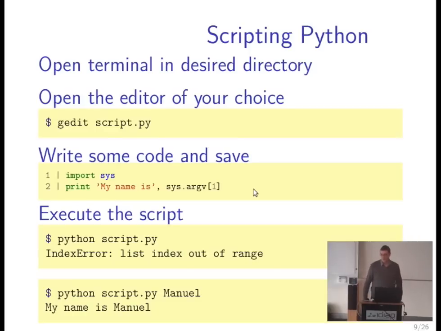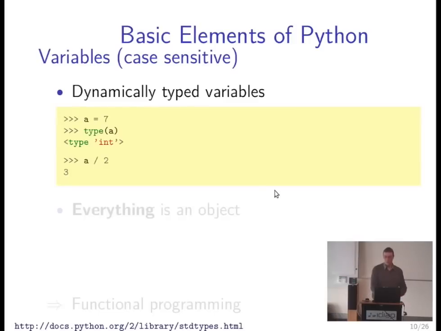Okay, so much for the introduction on how to write Python and script Python. And now I will come to some more detailed description of the Python language. I will start with the variables, which are, as everything else in Python, case sensitive.